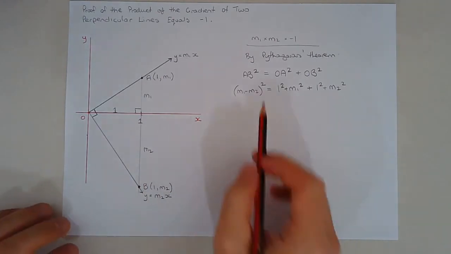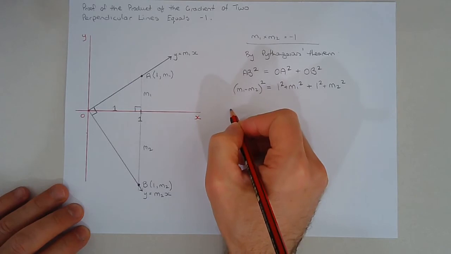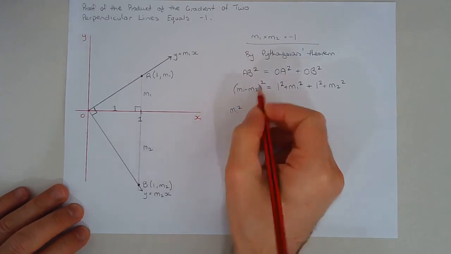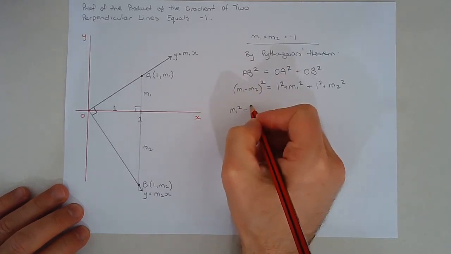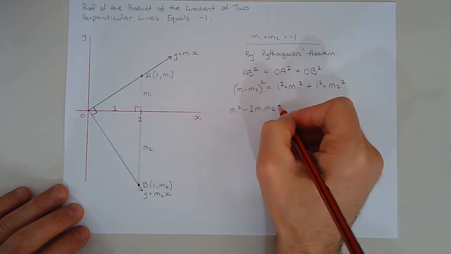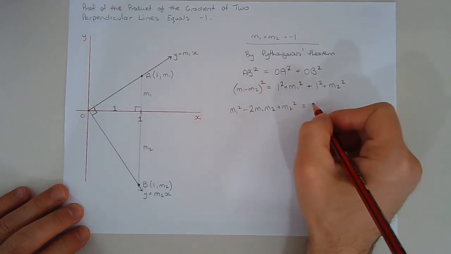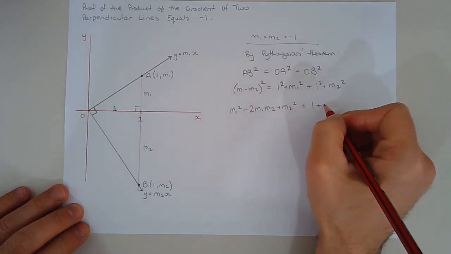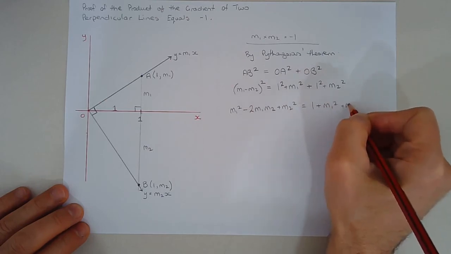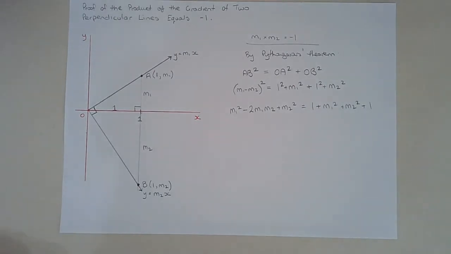Now let's expand the left hand side. We have m1 minus m2 all squared, a perfect square, which is m1 squared minus 2 m1 m2 plus m2 squared, equal to 1 plus m1 squared plus m2 squared plus 1.